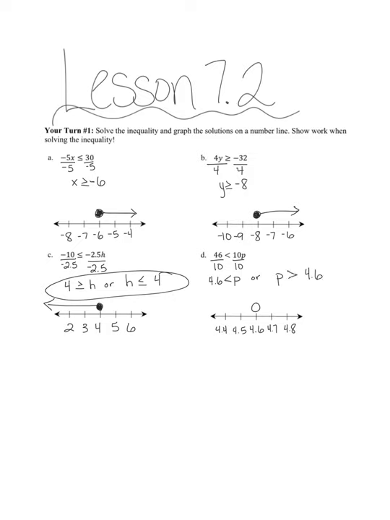So 4.6 is less than p, which is also the same as saying p is greater than 4.6. So because p is greater than 4.6, my line is going to go to the right to all the values in which p would be a value greater than 4.6.